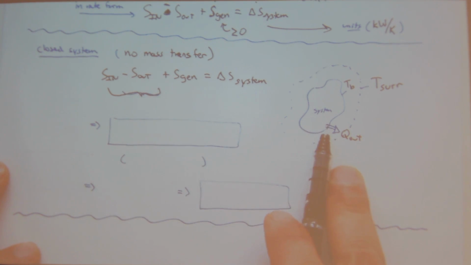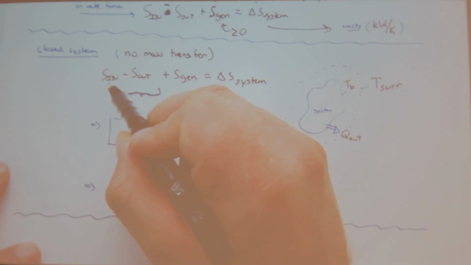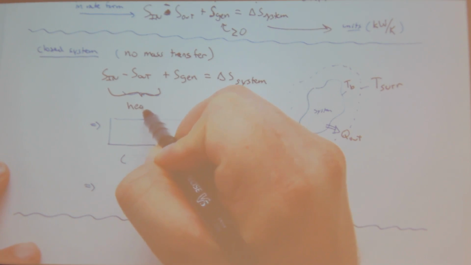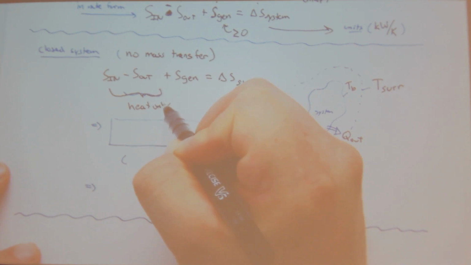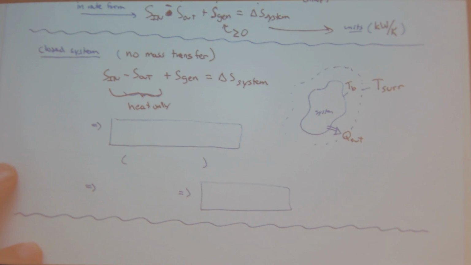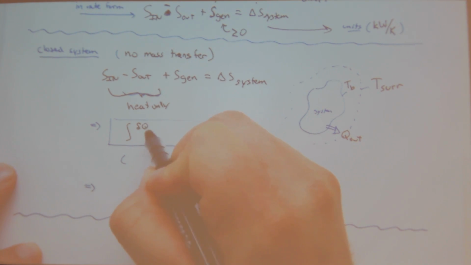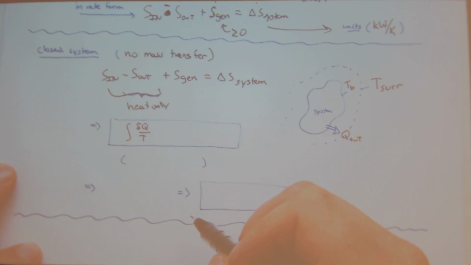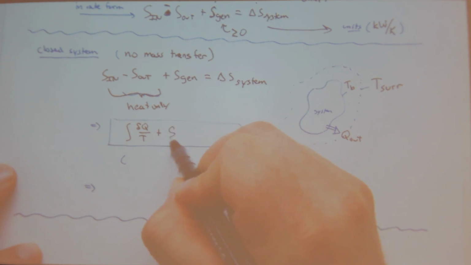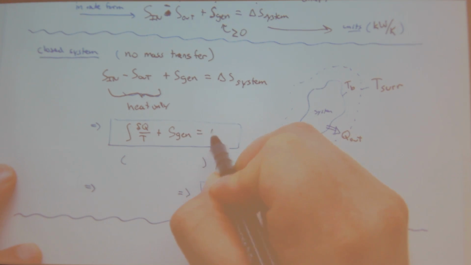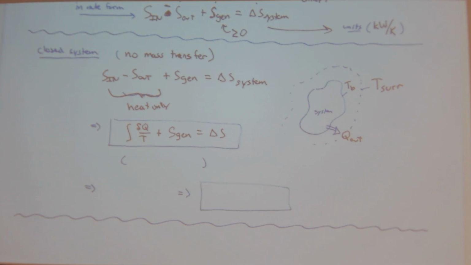Closed system, no mass transfer, only heat transfer, so S in minus S out is by heat only. So I can rewrite this as an integral of delta Q over T plus S gen equals delta S.